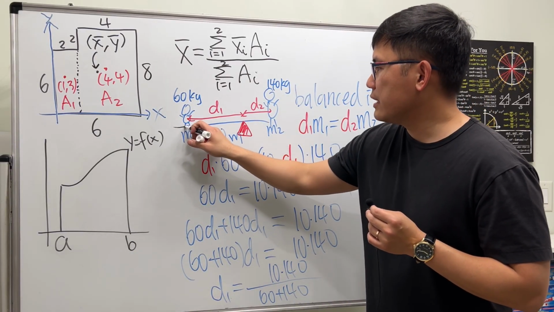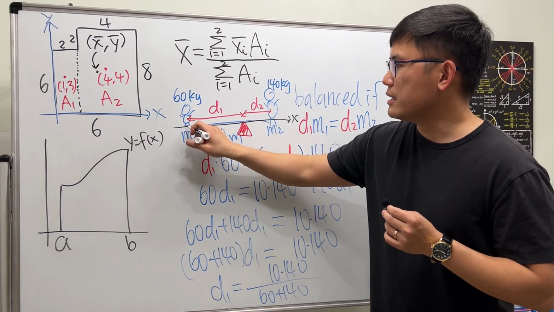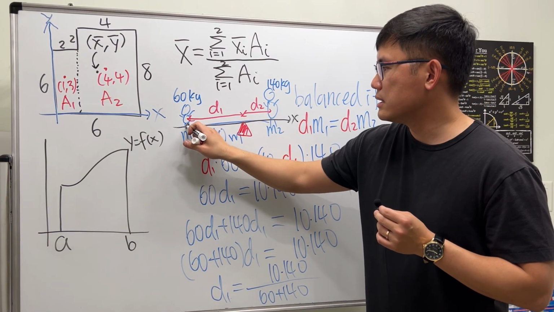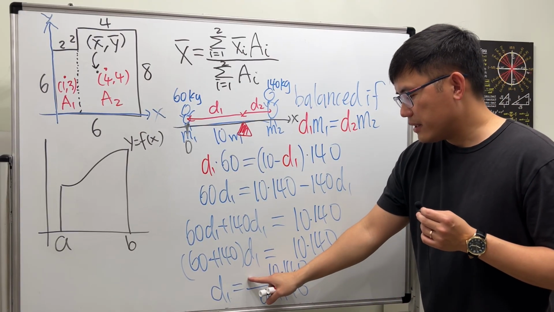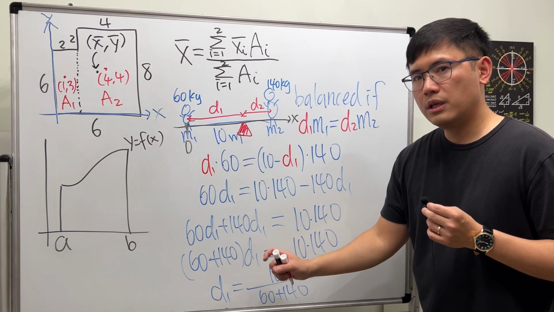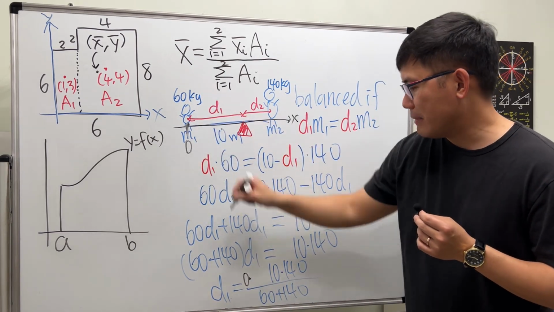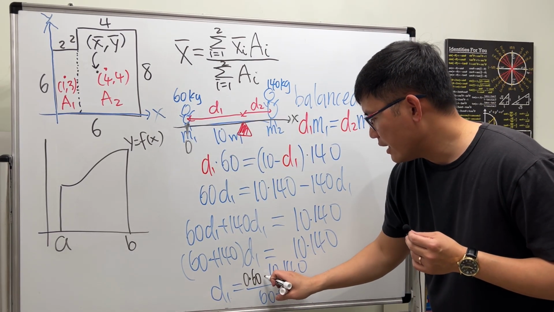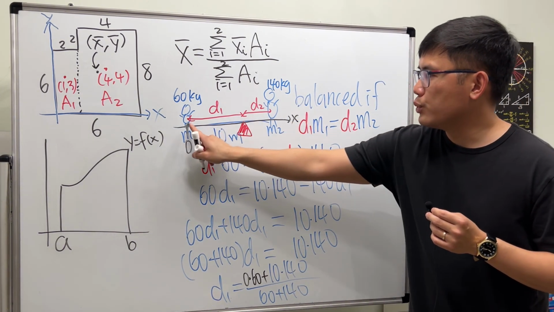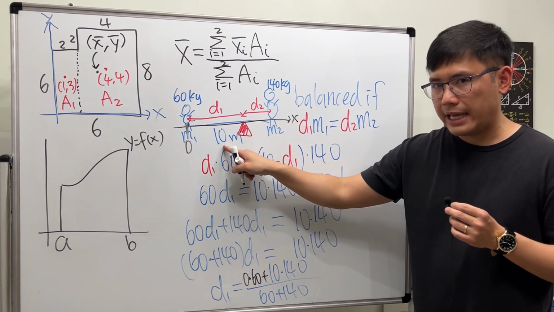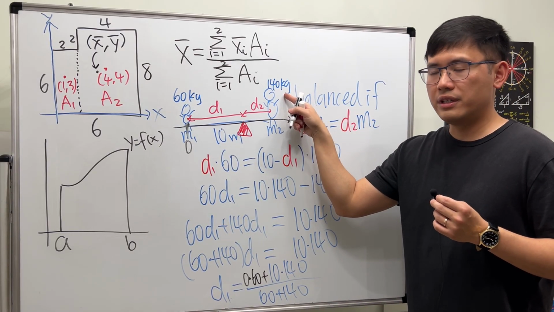If I put down the x-axis here, and I'm going to say here is where the 0 is, then in that case, in the front here, technically is 0. The distance will be 0 times whatever the mass is, which is 60. And then I will have to add this distance, which is from here to here, and that's 10, times this mass, which is 140.